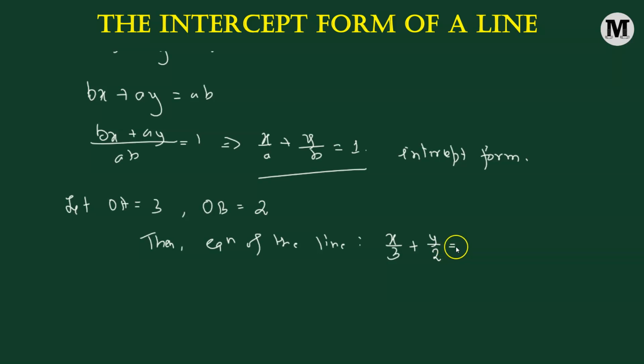It's very easy to remember. This is going to be equal to 1. So this is the intercept form of the line. If we keep the equation in this form, this is simply going to be the intercept form. Or we can take the lowest common multiple of 3 and 2. We know that the lowest common multiple of 3 and 2 is equal to 6. So here we can multiply throughout by 6, and that's going to give us 2x plus 3y equals 6. And this is going to be the equation of the line.